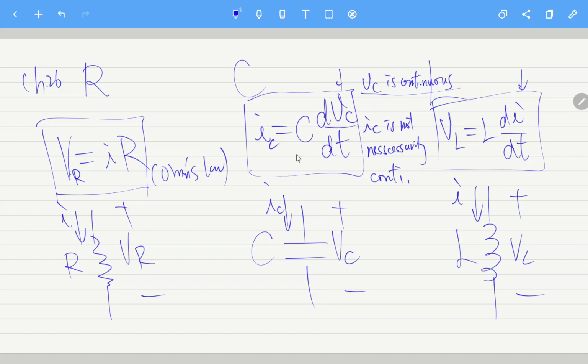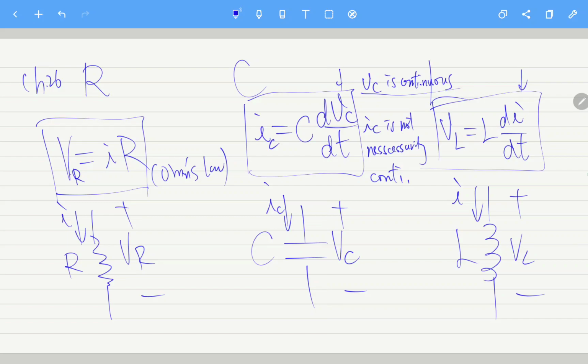It may be continuous, but it is not guaranteed to be continuous. As long as this thing is changing rapidly, then I_C is not continuous, or this thing is jumping.